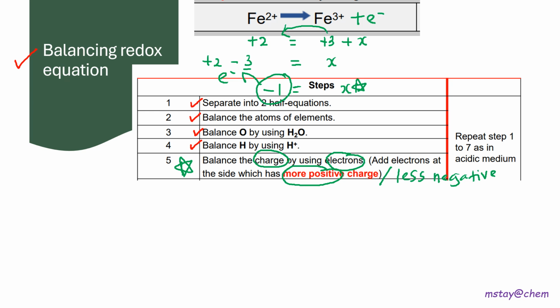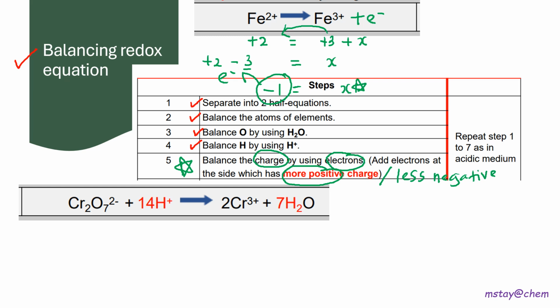So how about we go for another example? This is the second example and also the last example that I will show in this video. The charge for Cr2O7 2- is negative 2, plus 14 H+, and each H+ has charge positive 1.